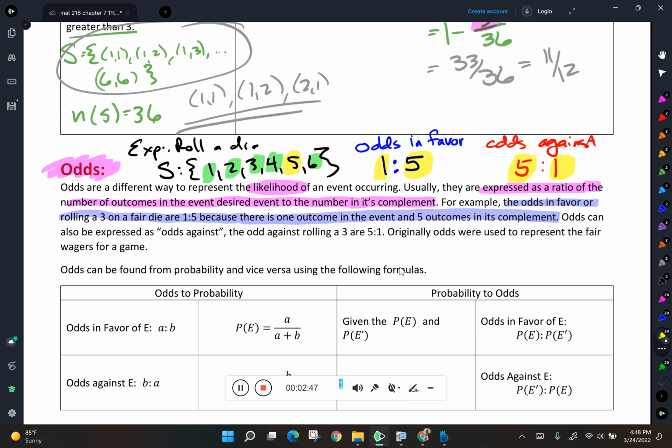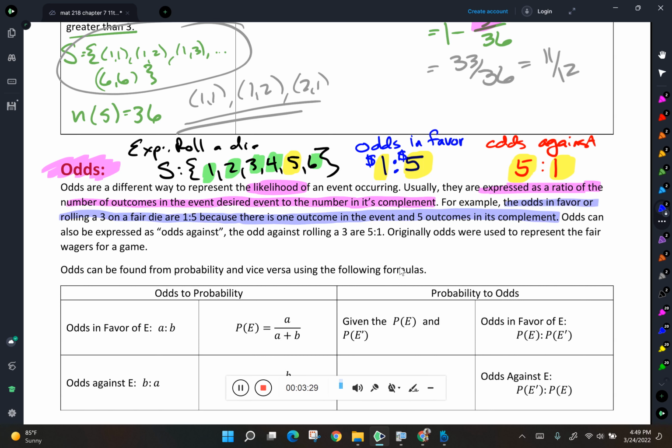Okay? And the reason that this comes about is if, let's say that you and I were going to have a little betting game, and we wanted to make it a fair betting game, meaning you have an appropriate payoff for winning and losing, then if we were going to play this die rolling game and we were going to bet on whether or not you would roll a 5, you'd put down $1, I'd put down $5, and if you roll a 5, you take all $6 off the table and keep it, but if you roll anything other than a 5, I would take all $6 off the table and keep it.